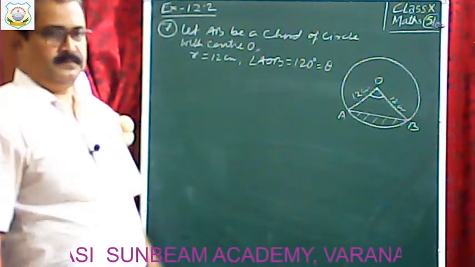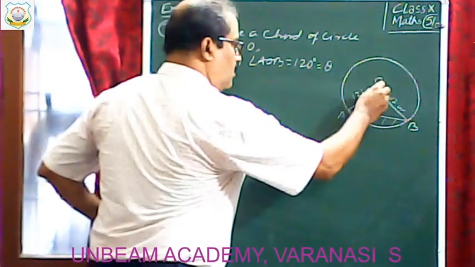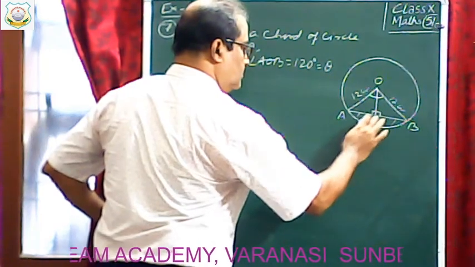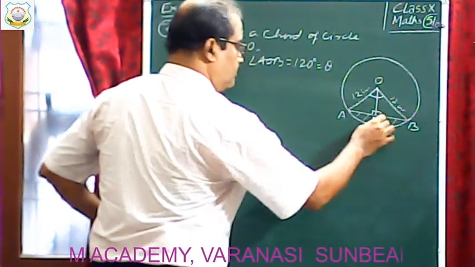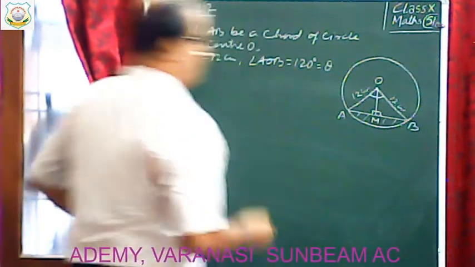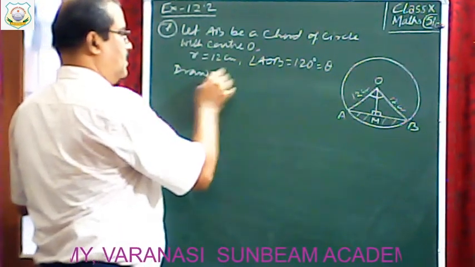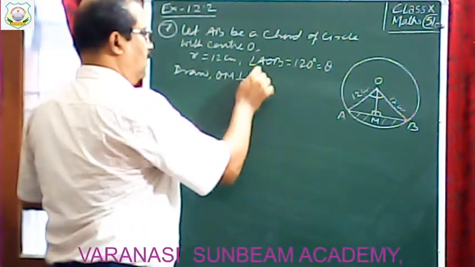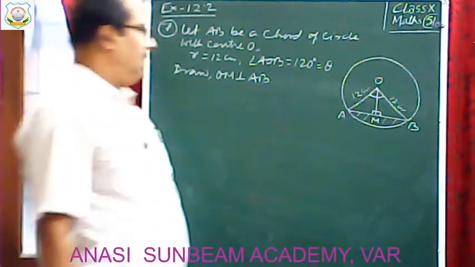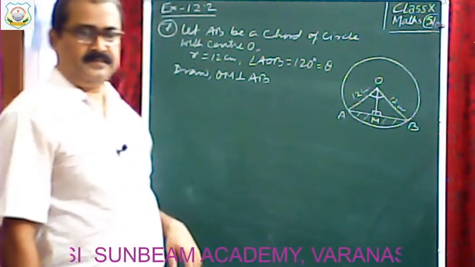You have to do some geometrical application: construct a perpendicular from center to the chord, suppose M. So let us draw OM perpendicular to AB. Triangle OAB is an isosceles triangle.